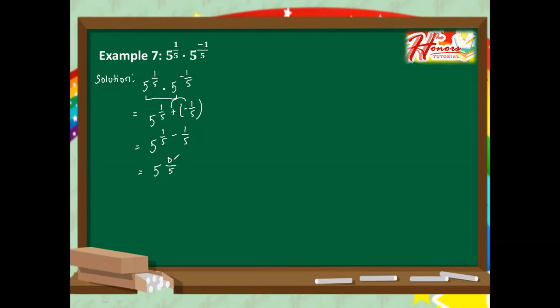Remember, when your numerator is equal to 0, automatically your fraction is equal to 0. So this is equal to 5 raised to 0. And remember, any number that you raise to 0 is equal to 1. So therefore, 5 raised to 0 is 1. 1 is the answer for example number 7. Let's have another.